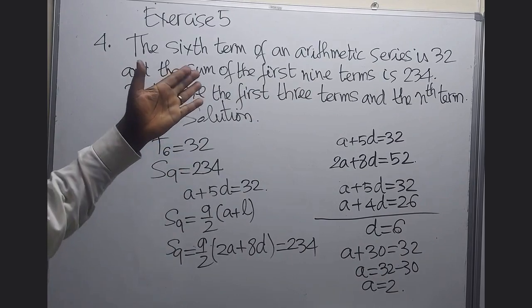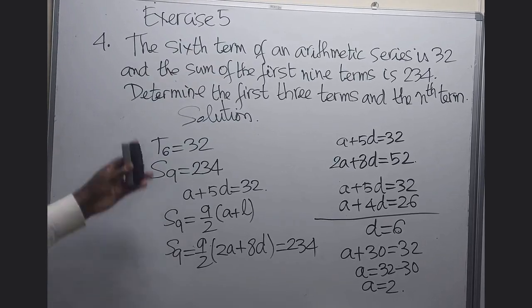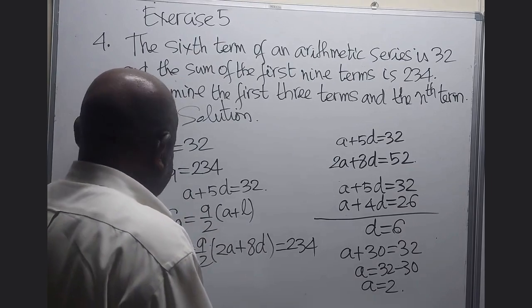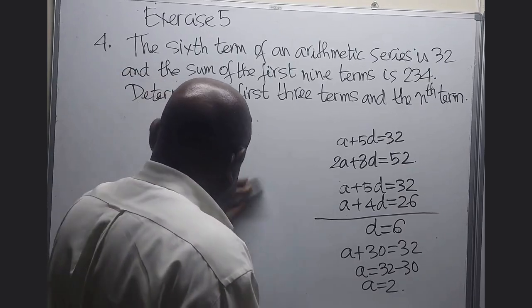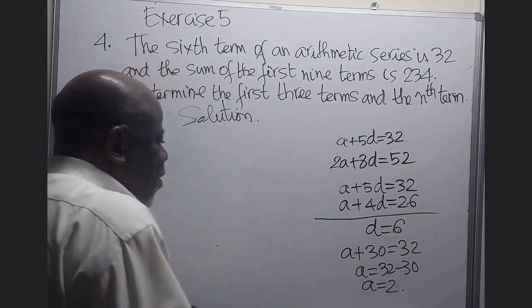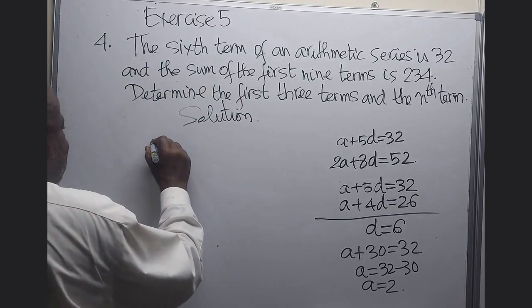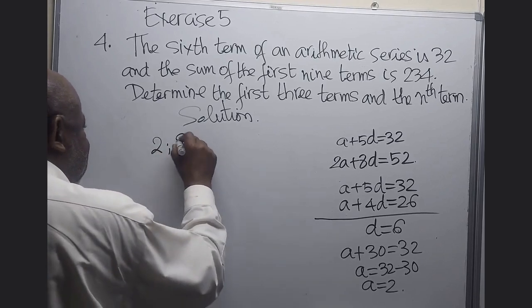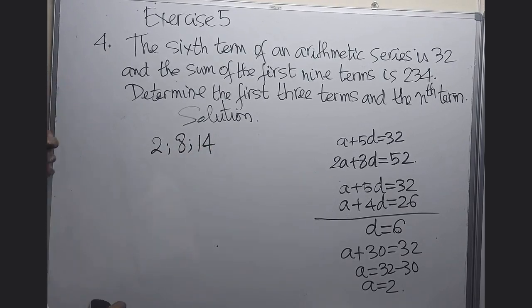Now let's get the first three terms. Clean the board here to write the first three terms. A is 2. Here is our sequence. The first term will be 2. The second one will be plus 6 is 8. And plus 6 is 14. This is our first three terms.